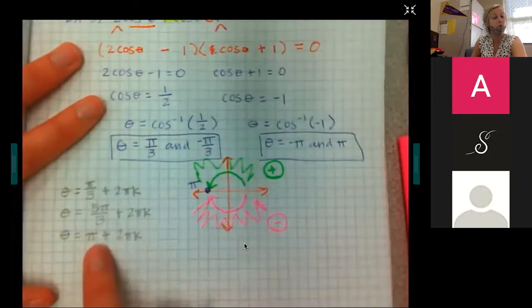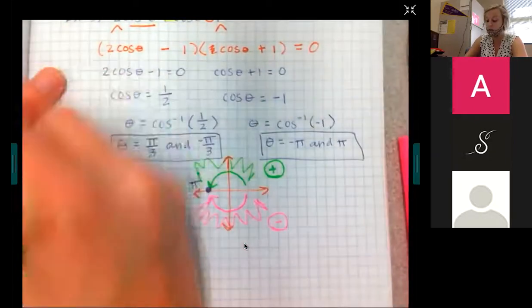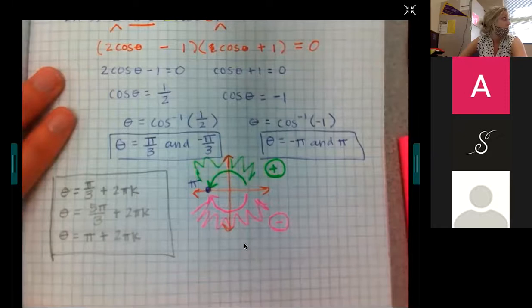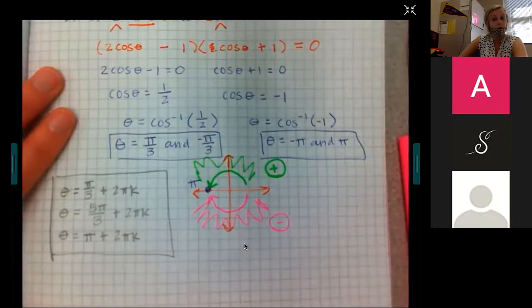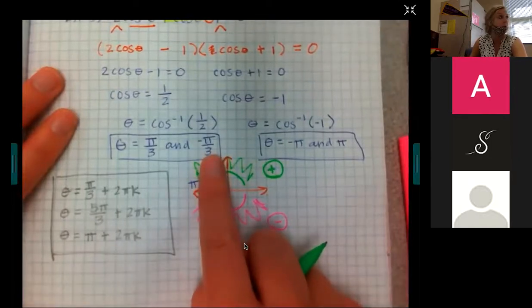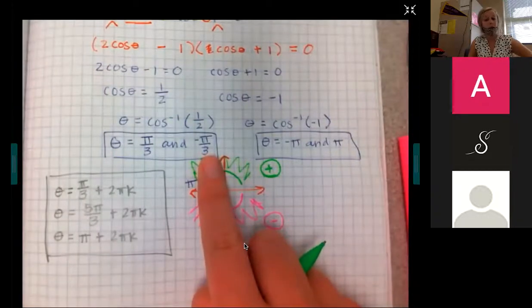But for general solutions, we want from 0 to 2 pi. So these are your 3 general solutions. That's the part where y'all tend to mess up. You'll just write this plus 2 pi k, but general solutions are from 0 to 2 pi, and then you add on. They're not negative.